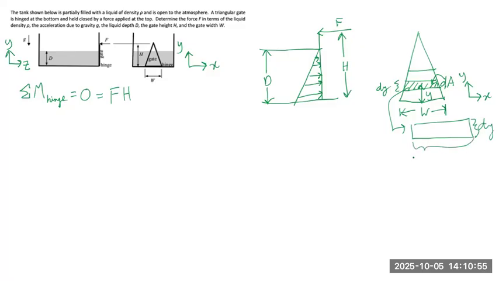Now we have to come up with an expression for the value of this width as a function of y. And the way we do that is we consider the equation of a line. As we see over here, we have a triangle with total width w. We want to find the equation of this line first of all.